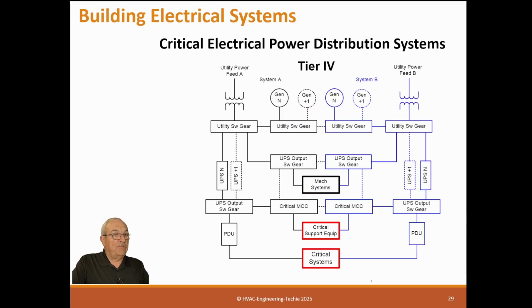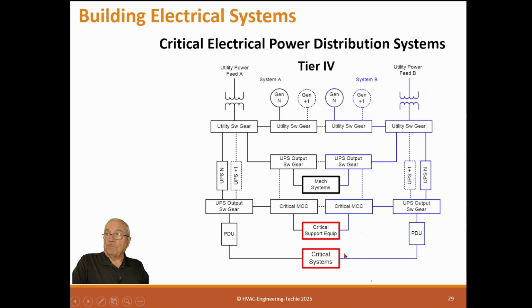So this happens to be a full labeled system, and you'll see what happens here is we have feeder A. This is coming from one substation for the utility, comes into a bunch of switchgear and backup generators, UPSs, the whole thing, PDUs to the critical systems, and then it has power feed B, which is coming from different power stations. It has backup generators on that, different UPSs, central motor control center.